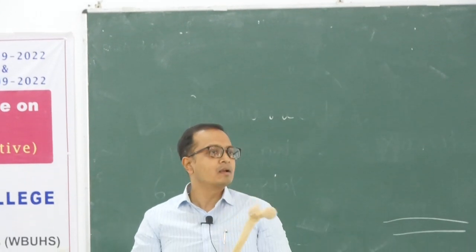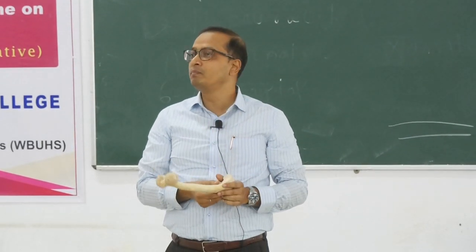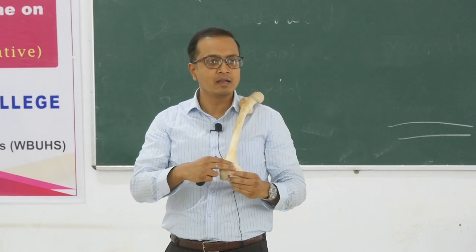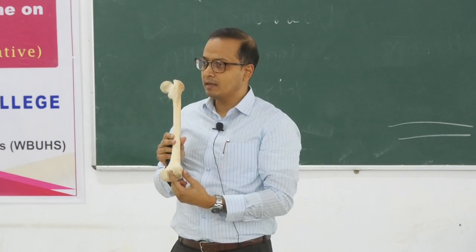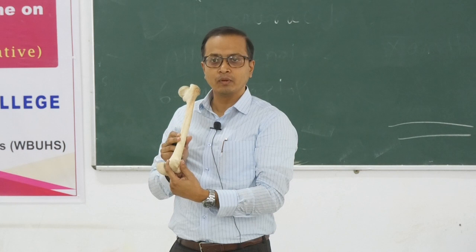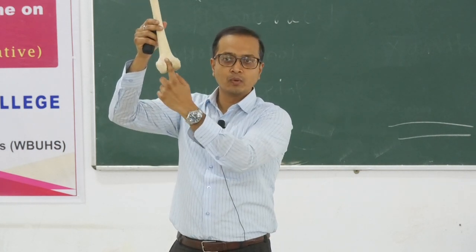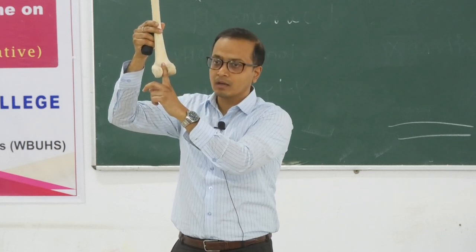Now if you look at the condyles closely, one side of the condyle has a groove in between and one side of the condyle does not have the groove in between. It is continuous anteriorly, no groove. Whereas on the back side, there is a groove in between, which is separated, and my finger can be placed inside. So we have an intercondylar space, which we call the intercondylar fossa.